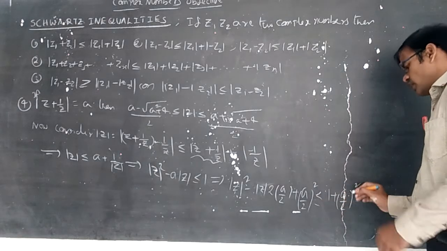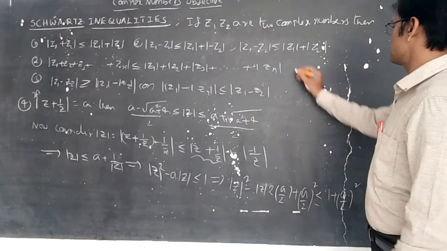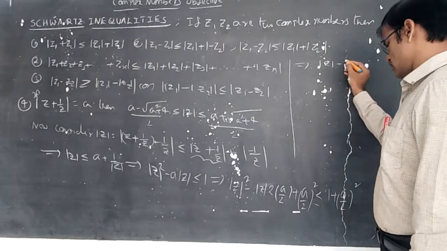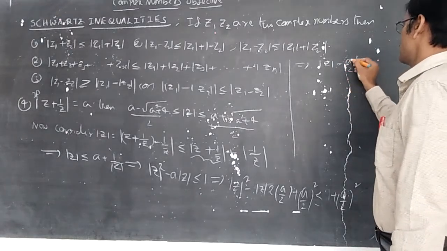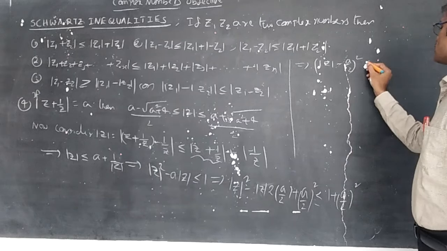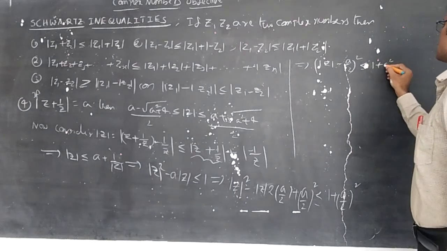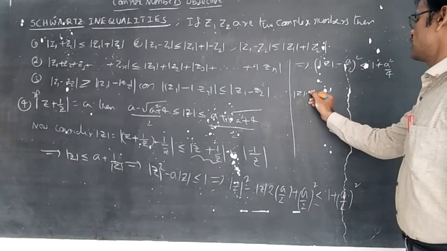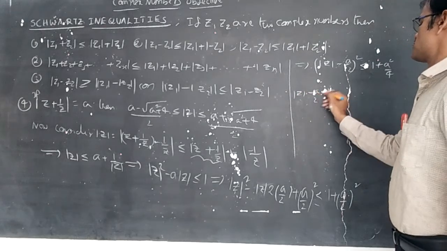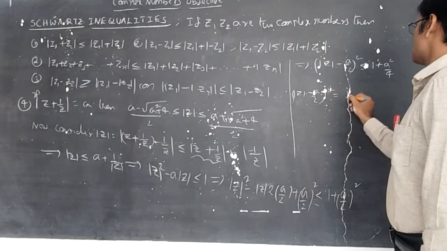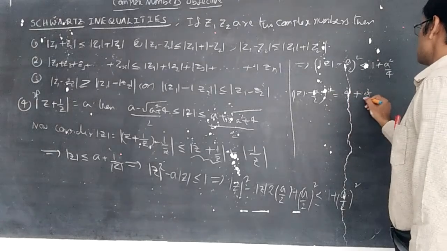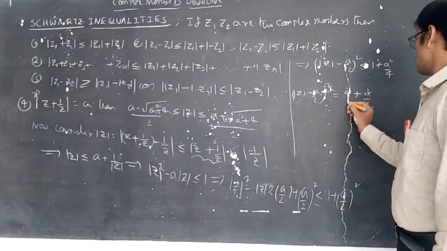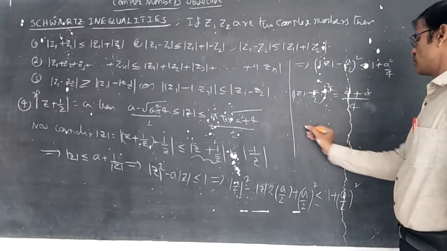That means we added A by 2 whole square on both sides. That implies modulus of Z minus A by 2 whole square is less than or equal to 1 plus A square by 4. So modulus of Z minus A by 2 whole square, taking an LCM, is 4 plus A square whole by 4.